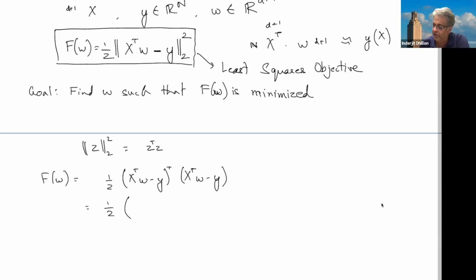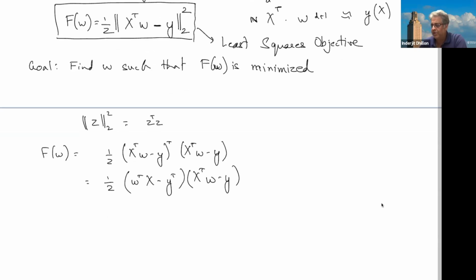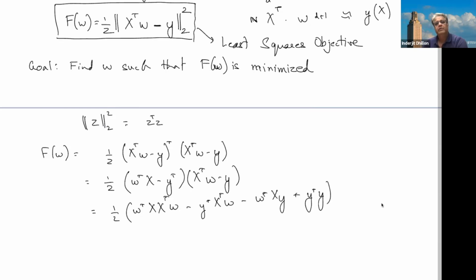I can write the transpose as (w transpose x minus y transpose) times (x transpose w minus y). Then I multiply the whole thing out: half of w transpose x x transpose w, minus y transpose x transpose w, minus w transpose x y, plus y transpose y.